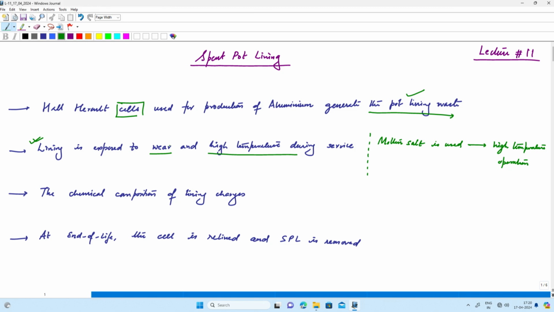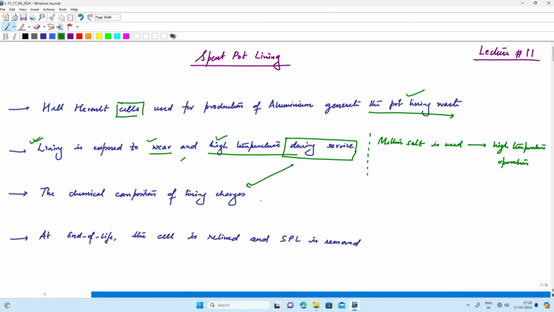And why wear? Because it is the molten salt and molten aluminum that is always coming in contact with the lining. What happens? The chemical composition of the lining changes. Initially we have refractory bricks and carbon lining, and the chemical composition of the lining changes during service when it is exposed to wear and high temperature.